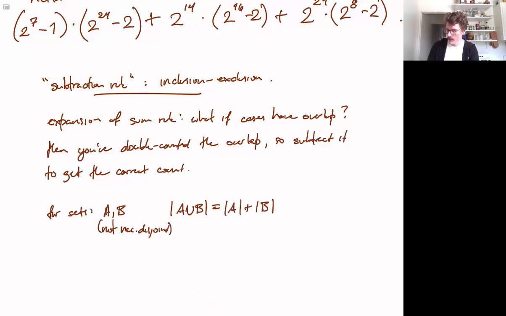It's the cardinality of A plus the cardinality of B minus the overlap, which is the cardinality of A intersect B. And notice that if A and B are disjoint, then we just get the regular sum rule back, because this term will disappear.